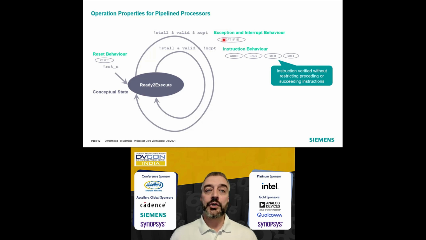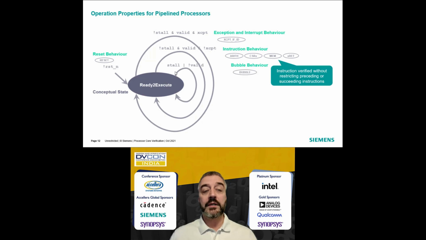And again, there is an assertion that will verify that under this particular trigger condition, all the architecture registers are updated according to the ISA model, and the data memory traffic is produced according to the ISA model, and we are again ending in this state ready to execute so that the next instruction can then start.